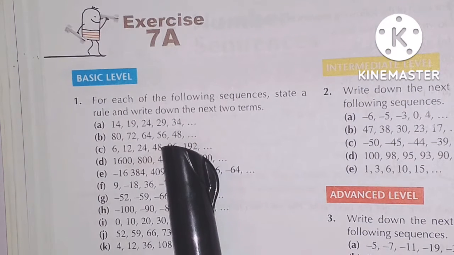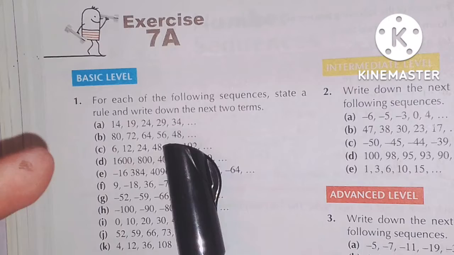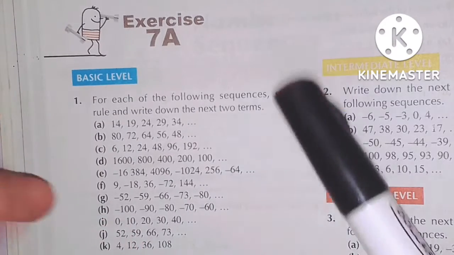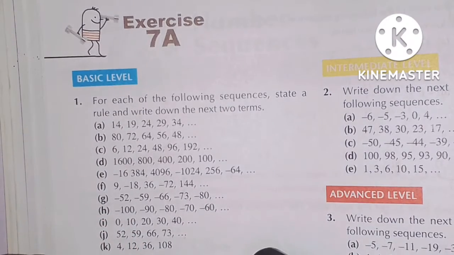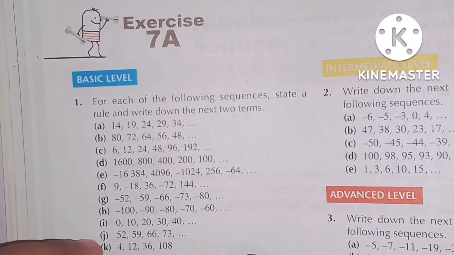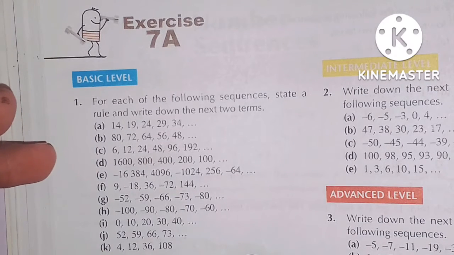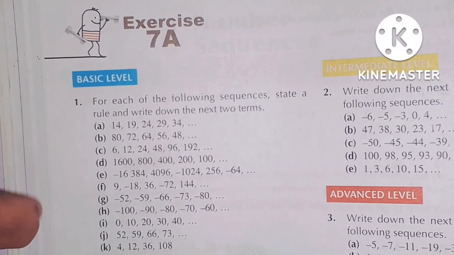Maybe some number will be added, maybe a number will be subtracted, maybe it will be divided. So these are the questions, and we have different types of phenomena which we are going to apply in each of the following parts. So let's start the exercise.